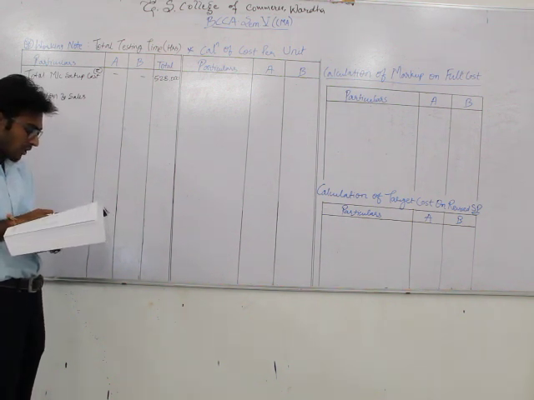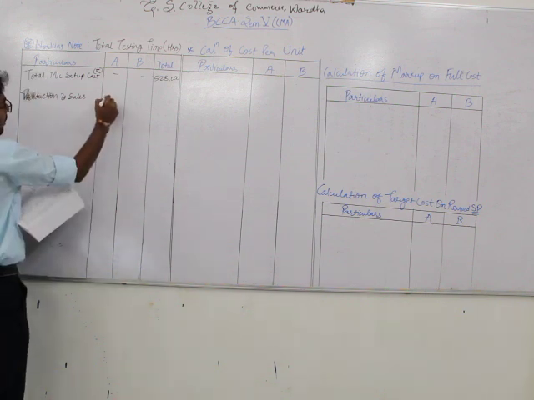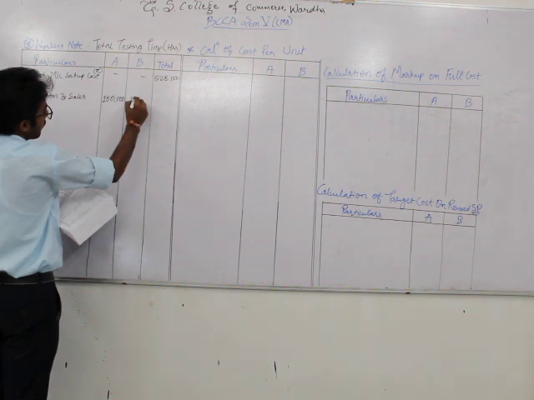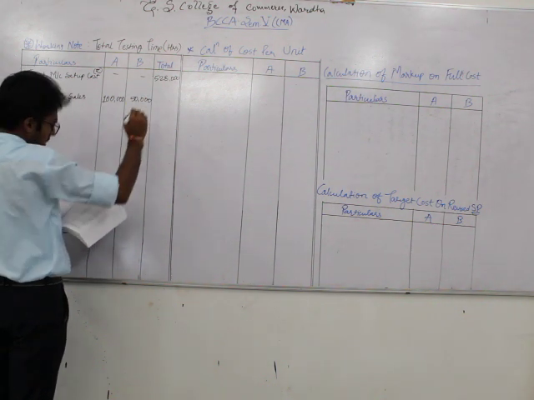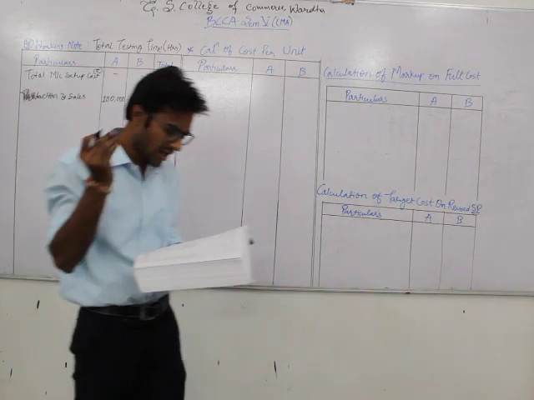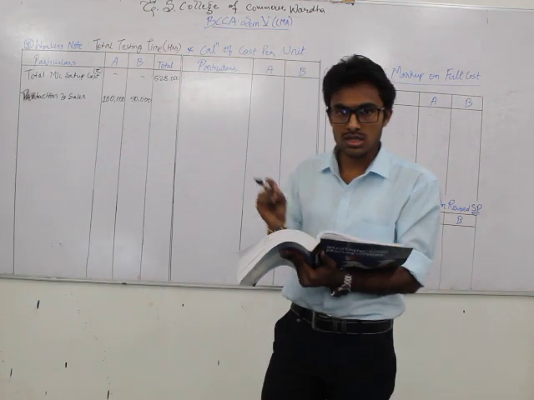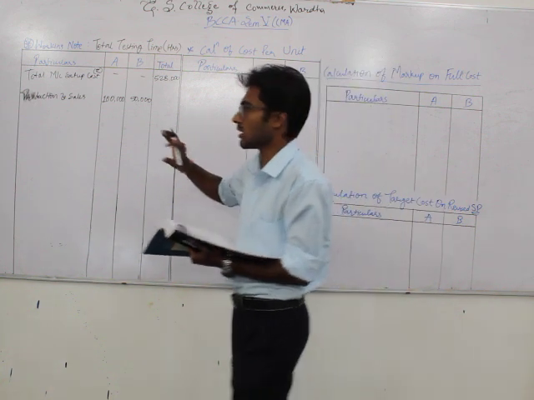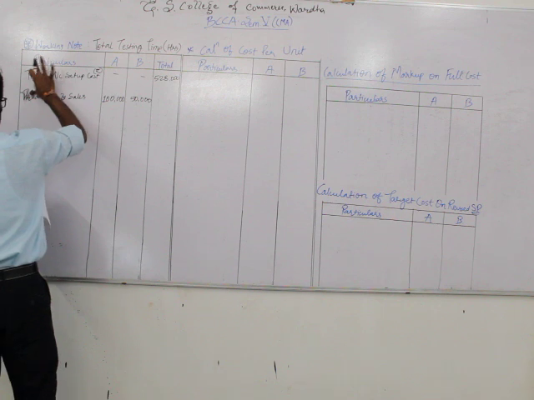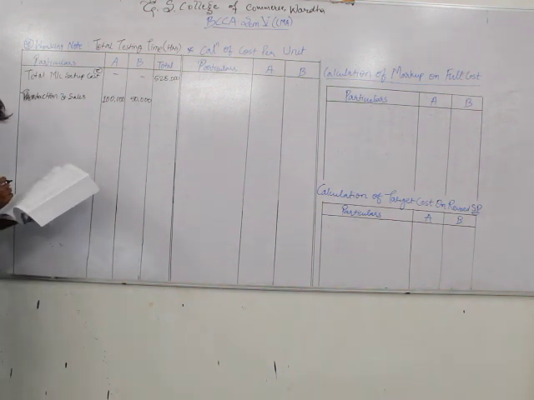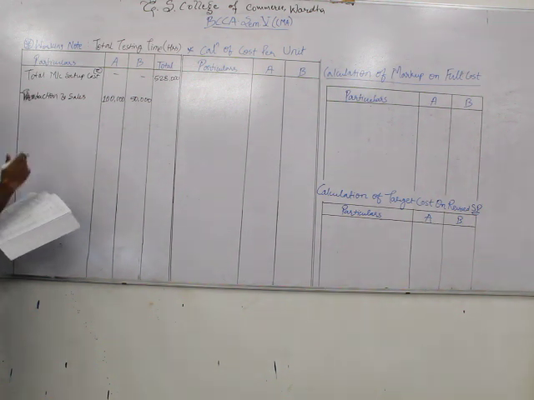Annual production and sale of 1 lakh and 50,000 respectively. We are writing simply the question's amount. We haven't calculated anything here right now. Let us write then what will be the batch size.